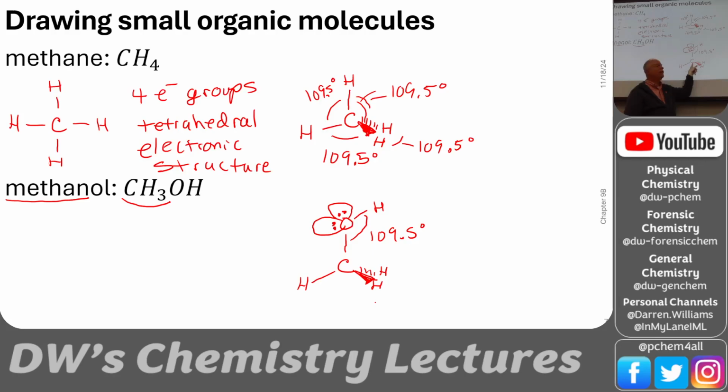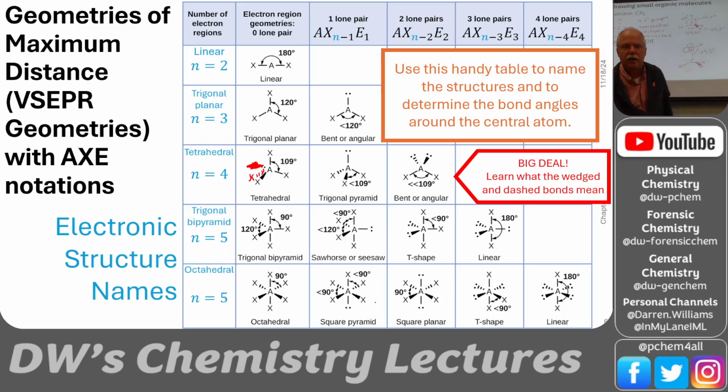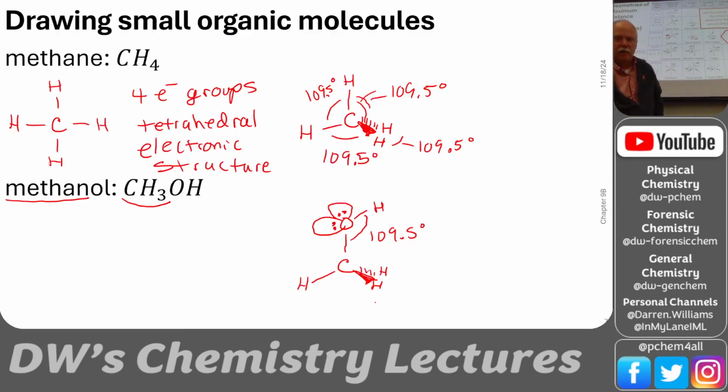And so we know the structure around that carbon is tetrahedral. And then we would sit on the oxygen and count them up. And there's 4 around that. So it'd be tetrahedral around that oxygen. So we go from every atom and look around, and we use this table here to pick a different atom and see what's around it, and then pick another atom and see what's around it. And so in this larger molecule, we can go atom to atom and see how the electrons are around that atom.